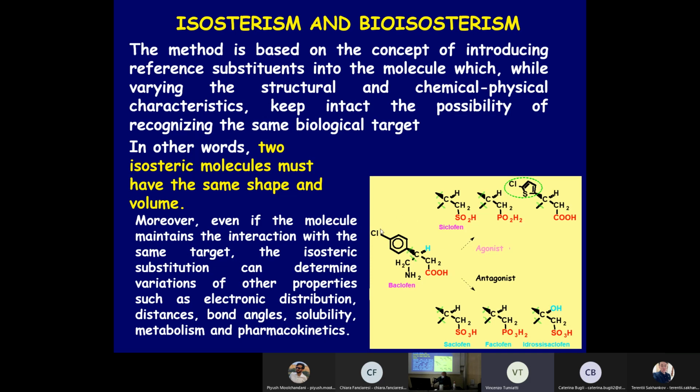Here you can see baclofen. Baclofen is a specific agonist of the GABA receptor. We'll see this type of receptors and this type of drugs. And here you can see some changes inside the structure of baclofen in order to increase the agonistic potency or to transform an agonist like baclofen into antagonists.